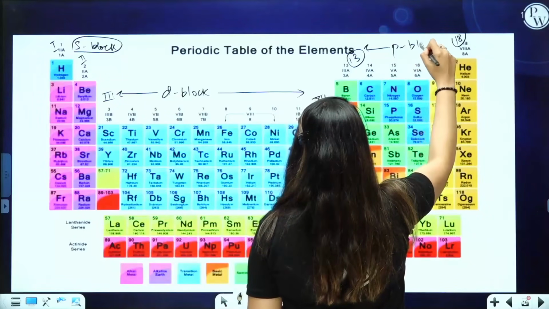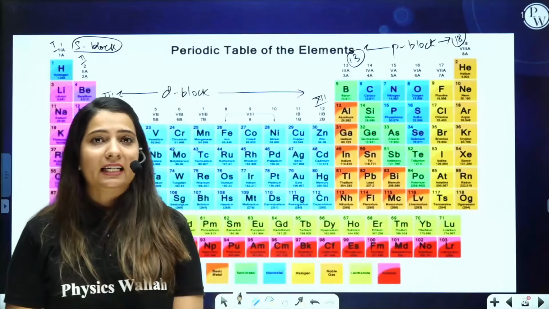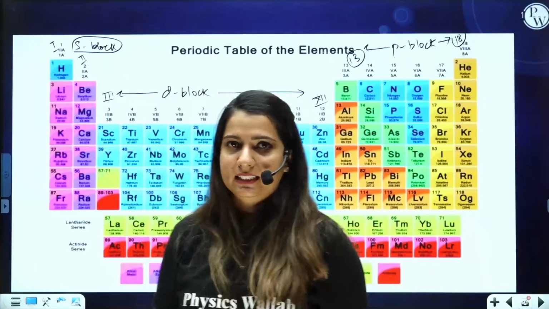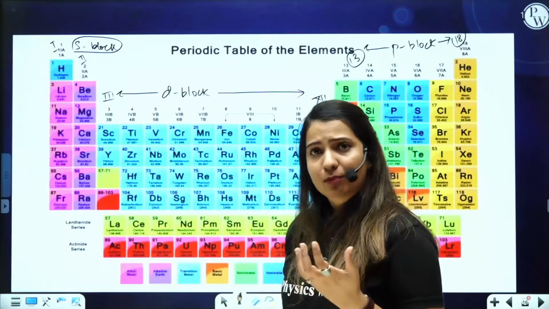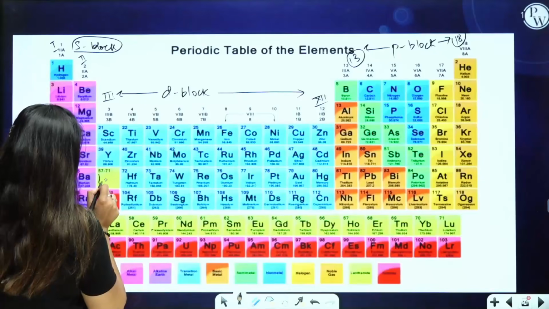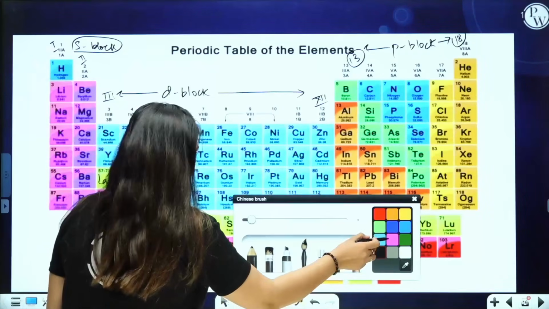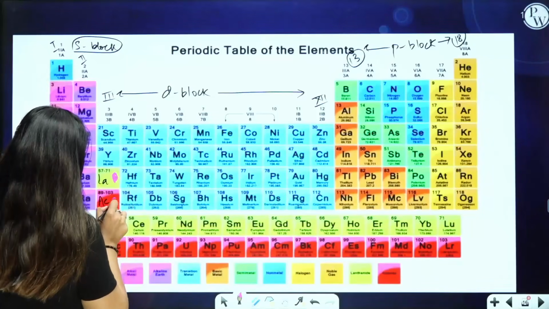First of all, we should know where exactly is the S block, where exactly is the P block, and where exactly is the D block. Now where are the F block elements present, right? So we have lanthanum over here, we have actinium over here, and I am writing over here this respective circle.